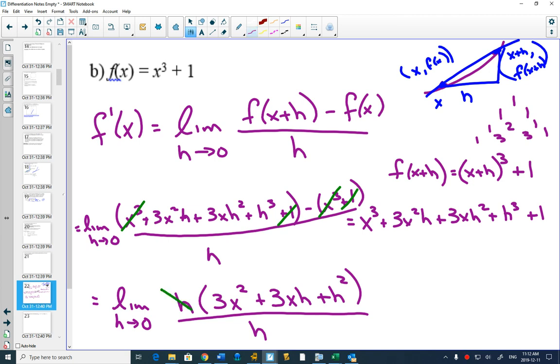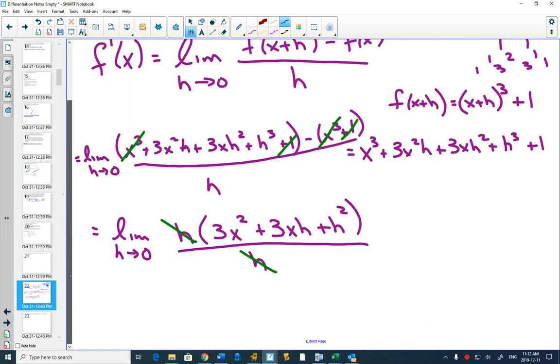This is nice because now my h's will simplify. Now I'm no longer dividing by h, so now I can apply my limit. I can plug in 0 for h, and I'm going to get this is equal to 3x squared.